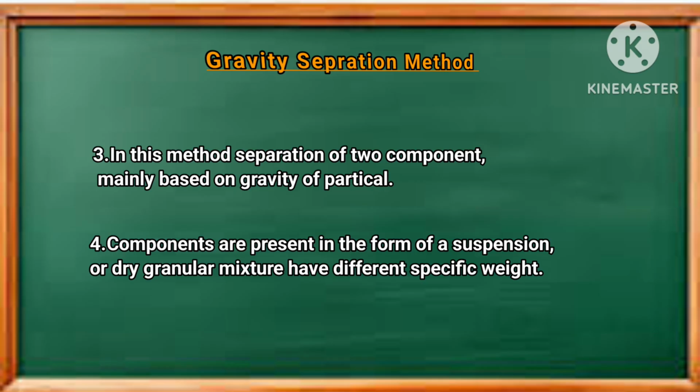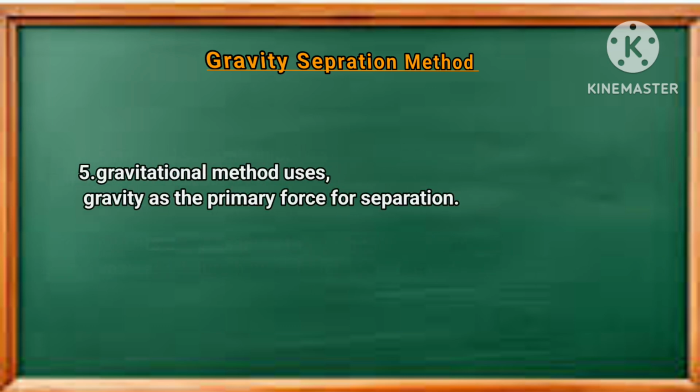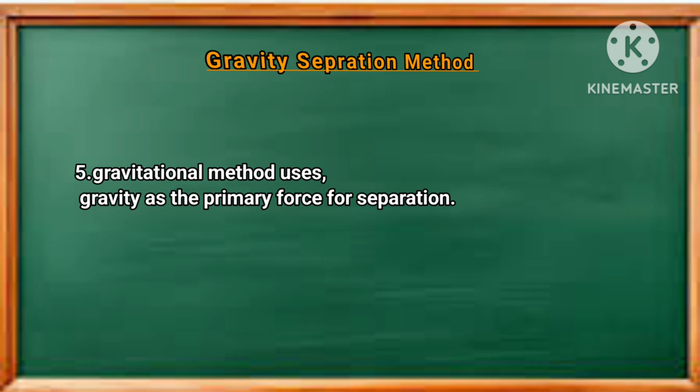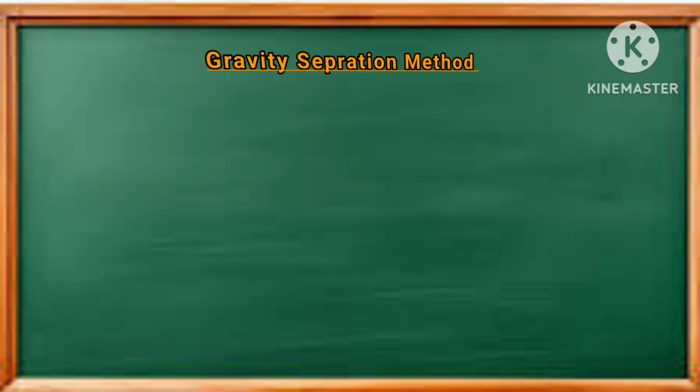And in the fourth point, whatever components are present in suspension or granular mixture form, they have specific weight, and due to that reason, we are able to separate the particles. In this method, gravity is used as the primary force of separation. It means that we are going to separate metal from ore concentration based only on the gravity principle. We will understand all these things using a diagram.